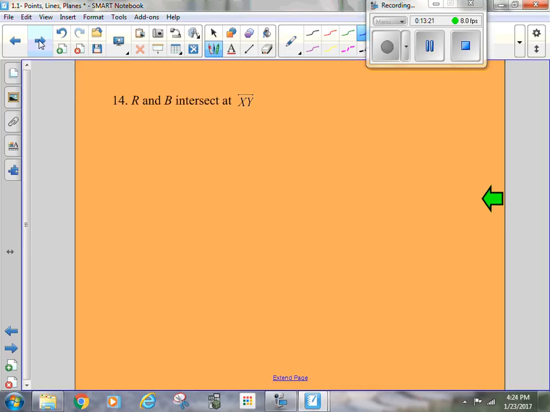This last one is a little tricky to see, but we have R and B, which are both capital script letters, so they're planes, and they intersect at XY. So we have two planes intersecting at a line. So imagine a couple planes here.